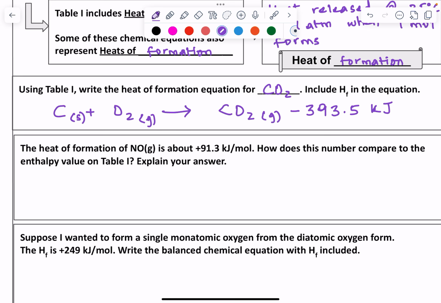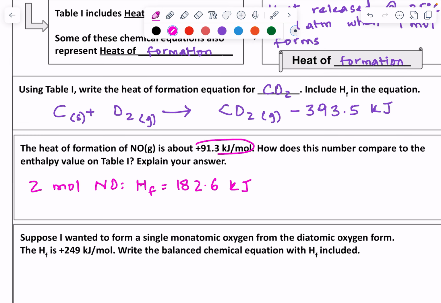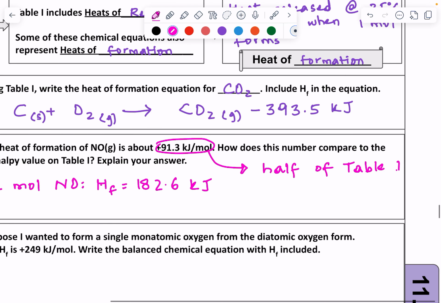So for 2 moles of NO, the heat of formation is 182.6 kilojoules. So that means this number right here is half of that. So this is half of table I, because it makes sense, because this is only for 1 mole.